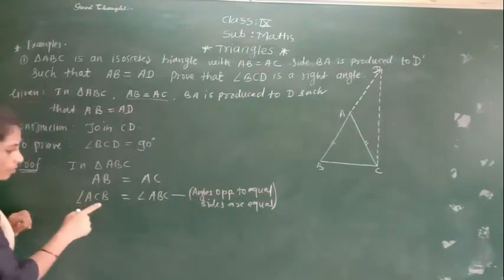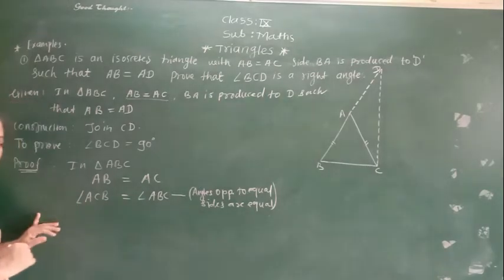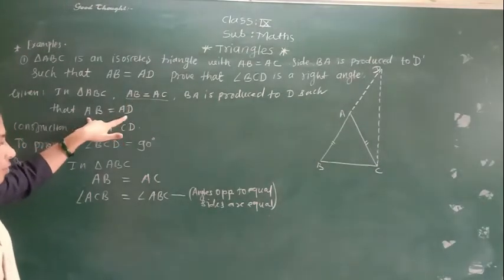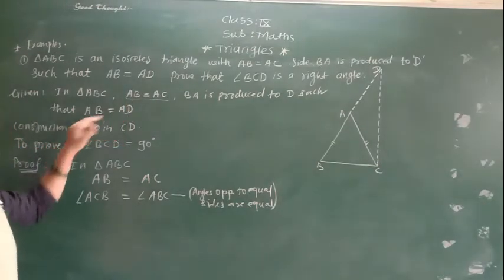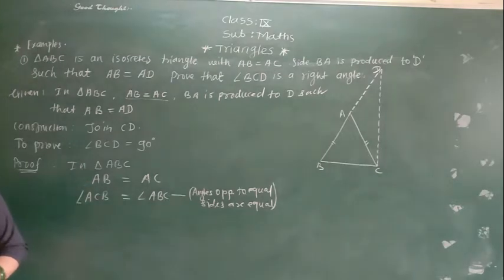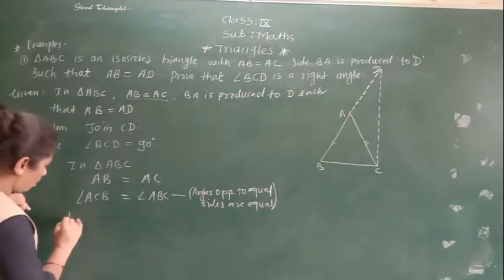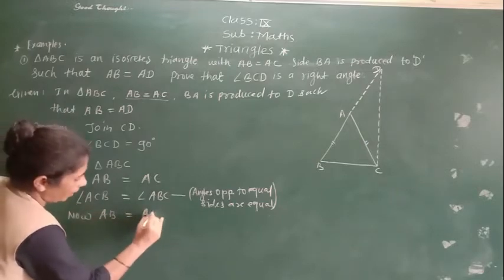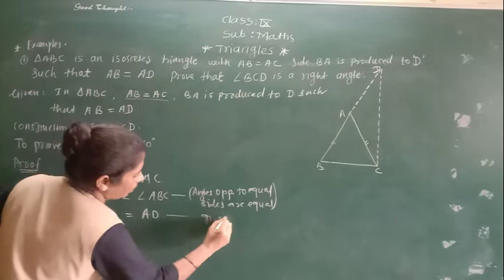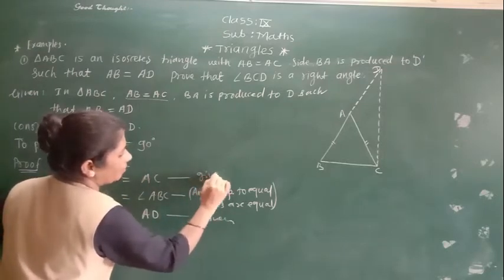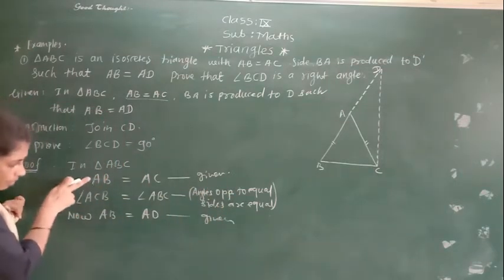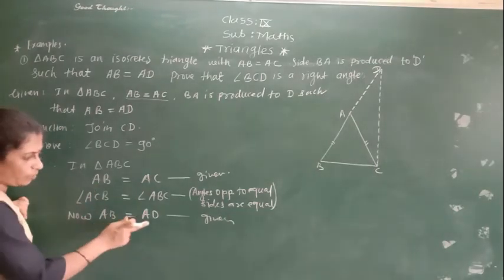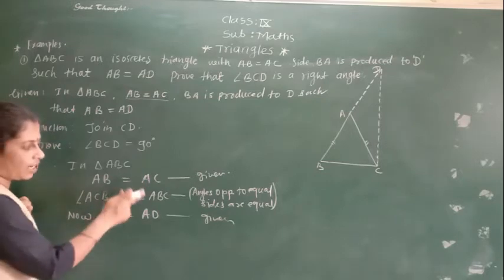Then ACB equals ABC. Similarly, again, what is given for us? Here AB equals AD is also given for us, right? So from these two statements, AB equals AC and AB equals AD, will these two sides come the same?